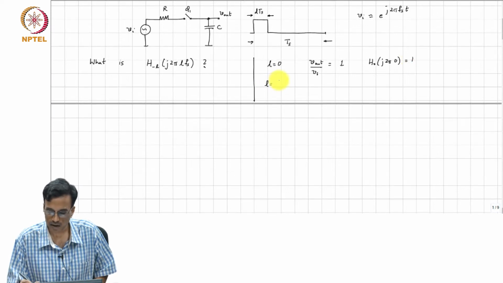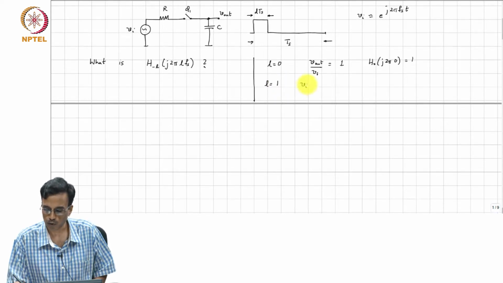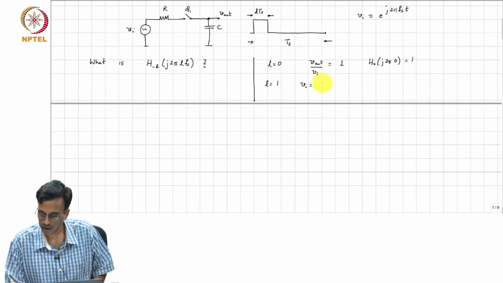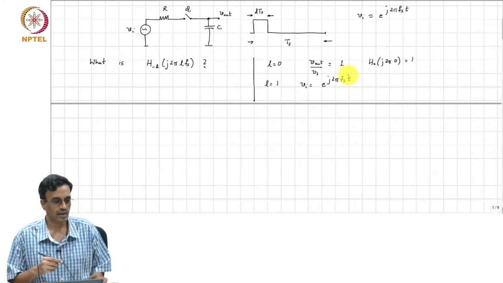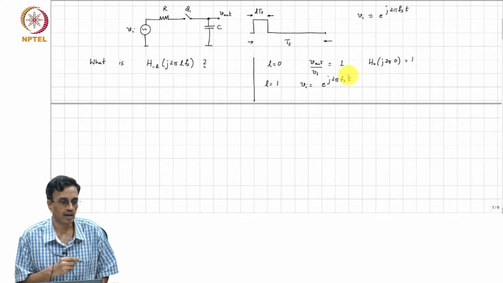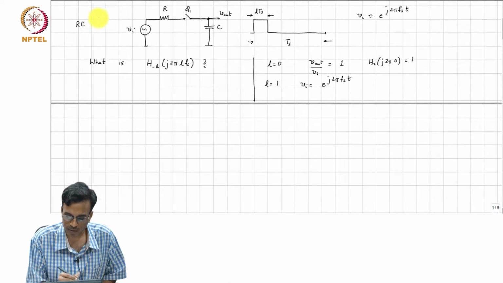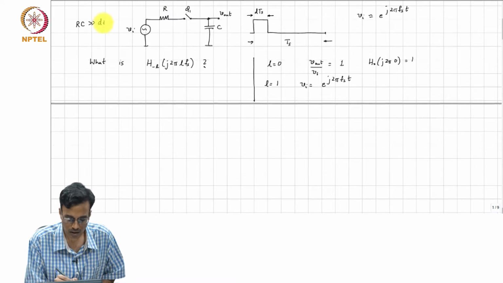L equal to 1. So, the Vi that you put in is e to the j 2 pi Fs times t, and we are interested in the output at DC, and let us assume for argument's sake that RC is much larger than Ts times D, right.